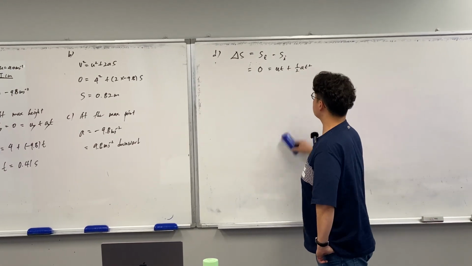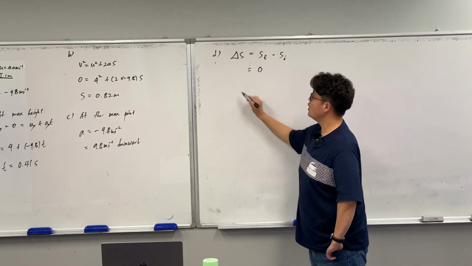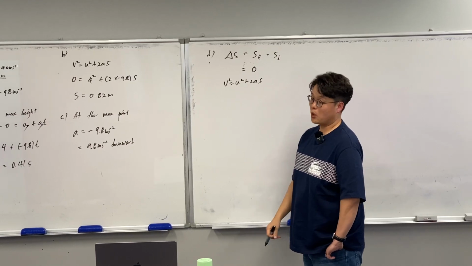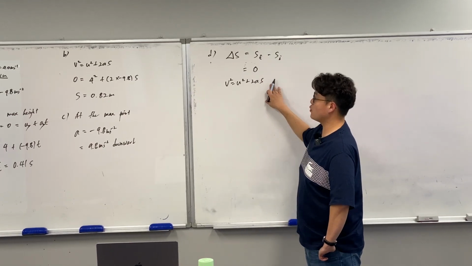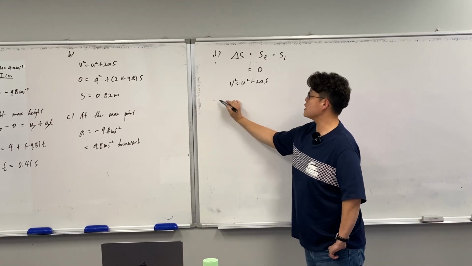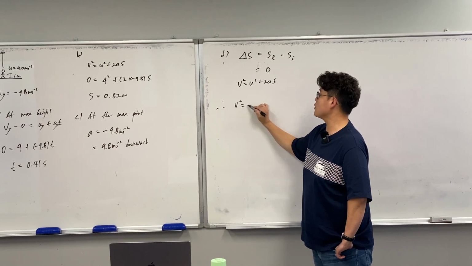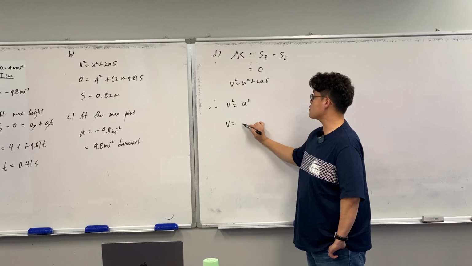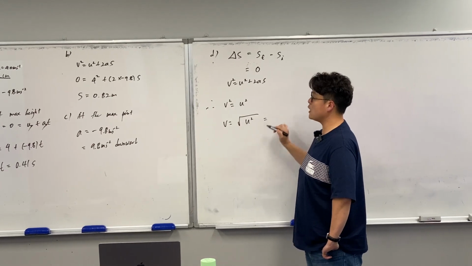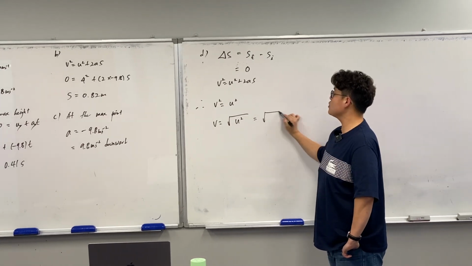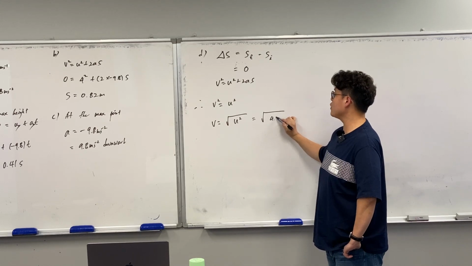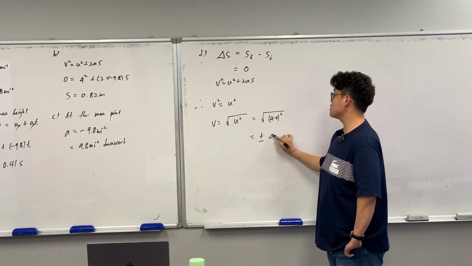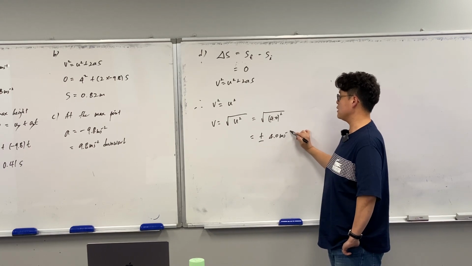Or we may use the 0 for some of the other formulas too. Take v squared equals u squared plus 2as. We can substitute the 0 into the 2as part. Therefore v squared equals u squared. So v equals the square root of u squared, which is the square root of 4.0 squared. Then you get plus or minus 4.0 meters per second.